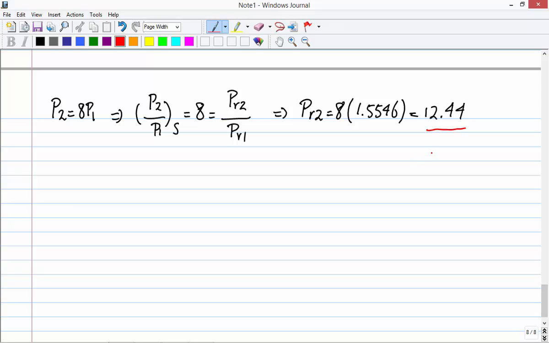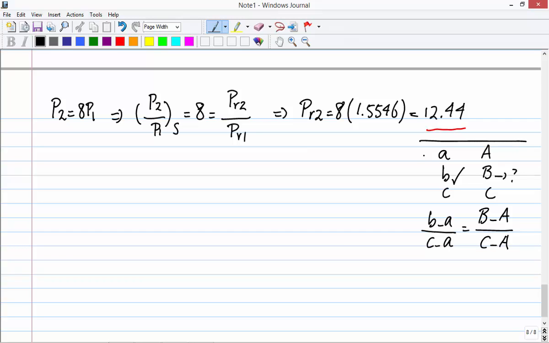Interpolation means, let me write it here small, that if you have A, B, C in one column and A, B, C in the other, and you're looking for this guy, then B minus A divided by C minus A equals capital B minus A divided by capital C minus A. Linear interpolation. That's it. I'm going to do the same thing here in between those values.